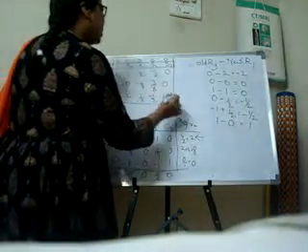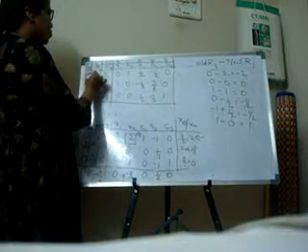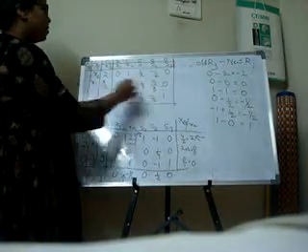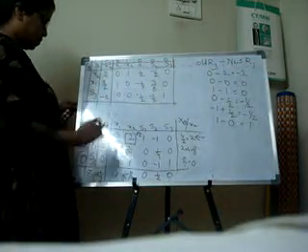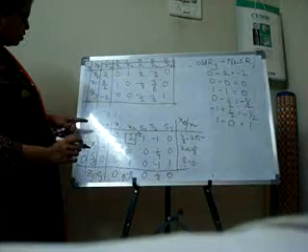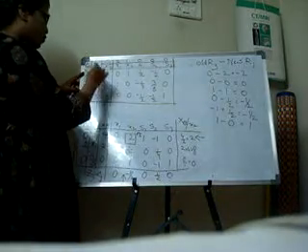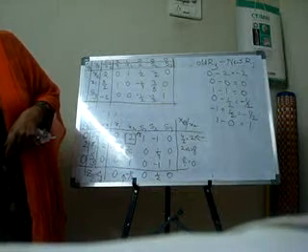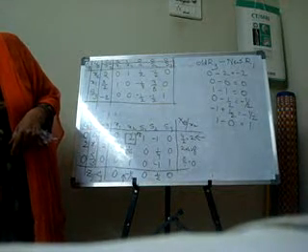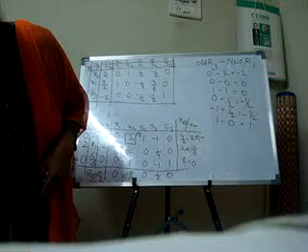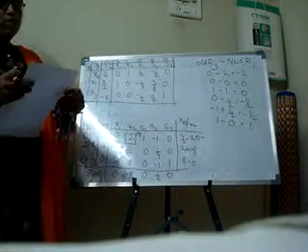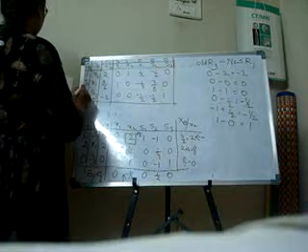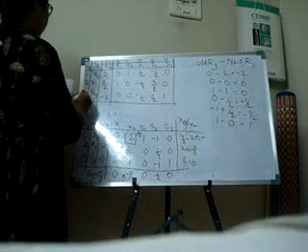Now search for the identity. 1, 0, 0 is x2, 0, 1, 0 is x1, and 0, 0, 1 is s3. Now the cost of x1 is 1, 2 and 0.